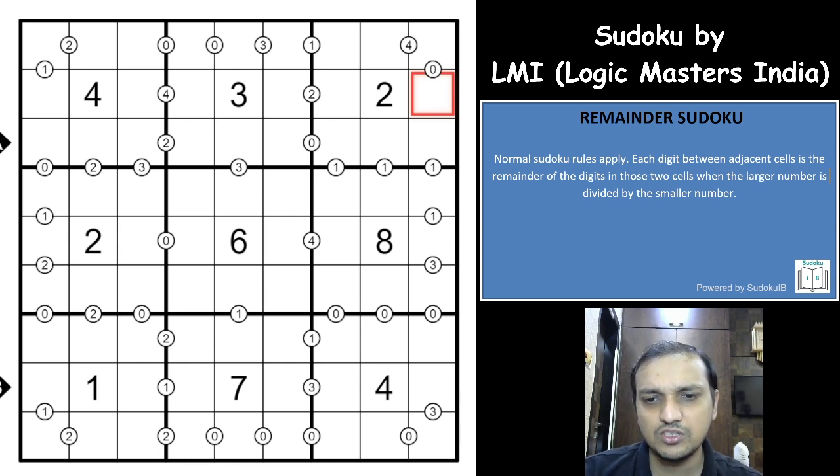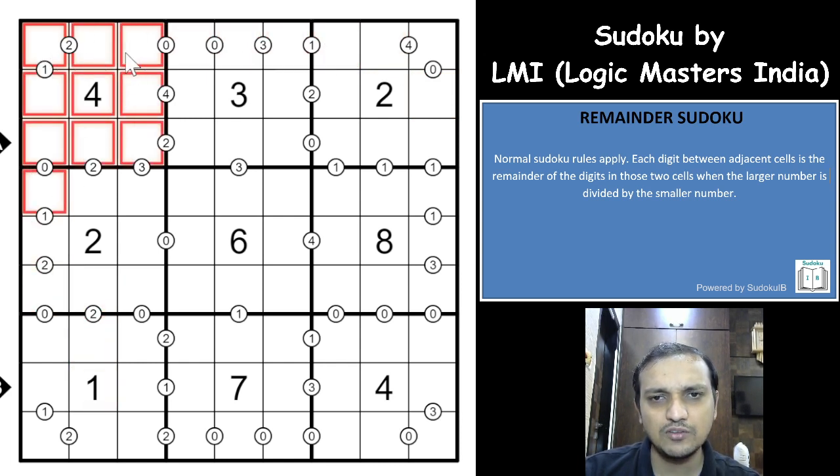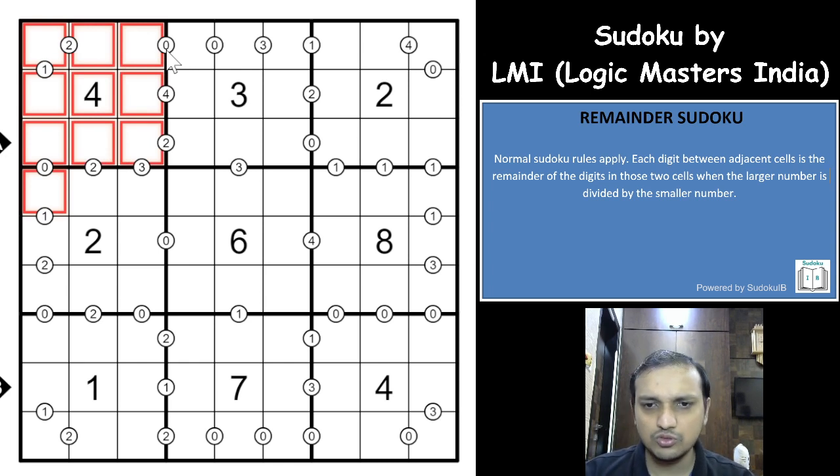You have to place digits 1 to 9 in each row, each column, and 3 by 3 box without repetition. Apart from that, you have some small numbers given between two adjacent cells. Those numbers indicate the remainder when the larger number is divided by the smaller number.